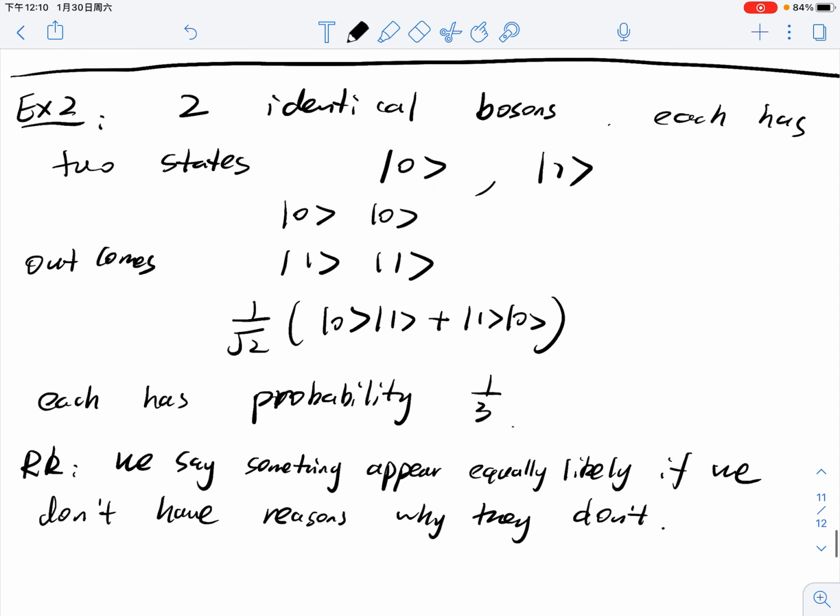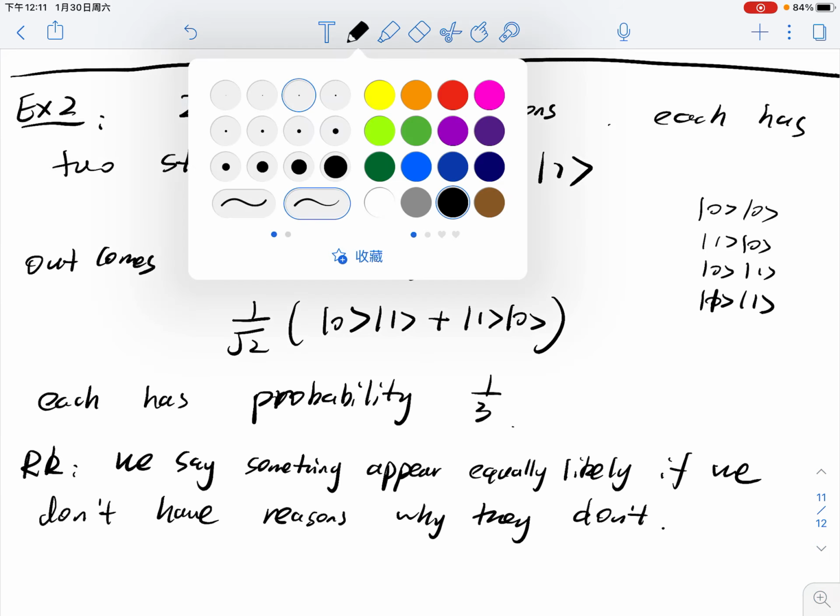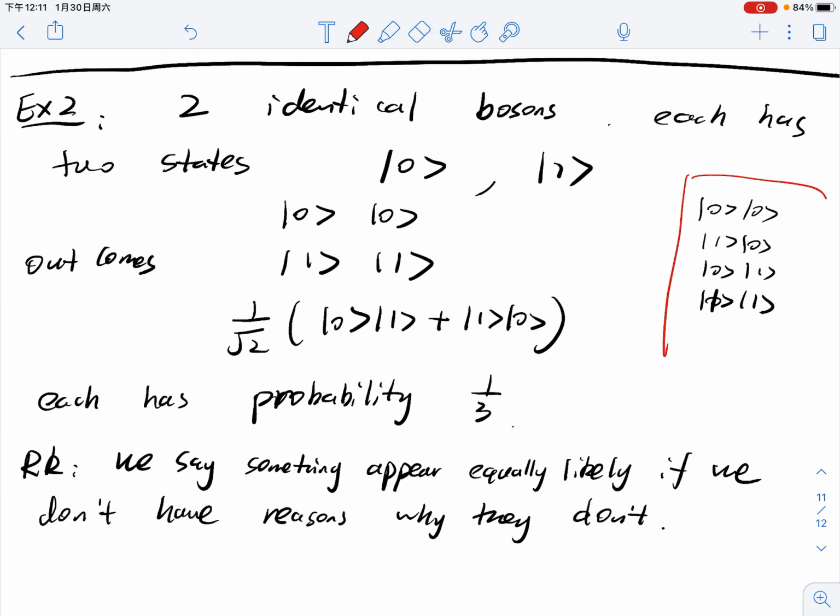Just like the bosons case, if you have two identical bosons, then obviously you have solid reason they are not equally likely. I mean 00, 01, 10, 11 is not valid anymore.